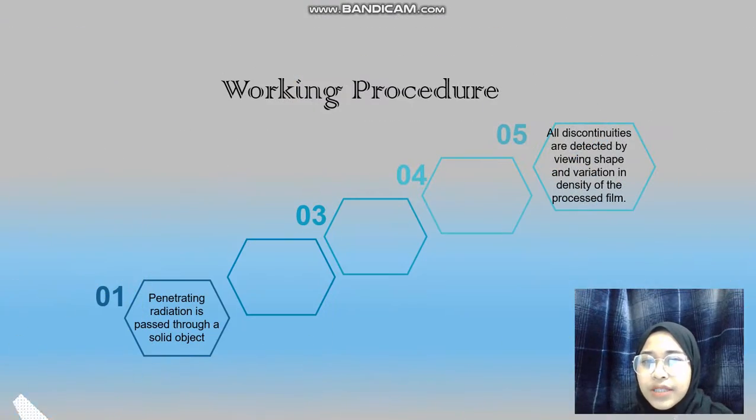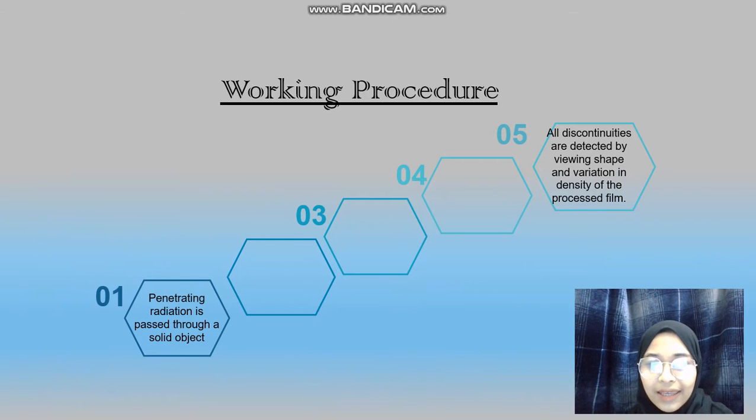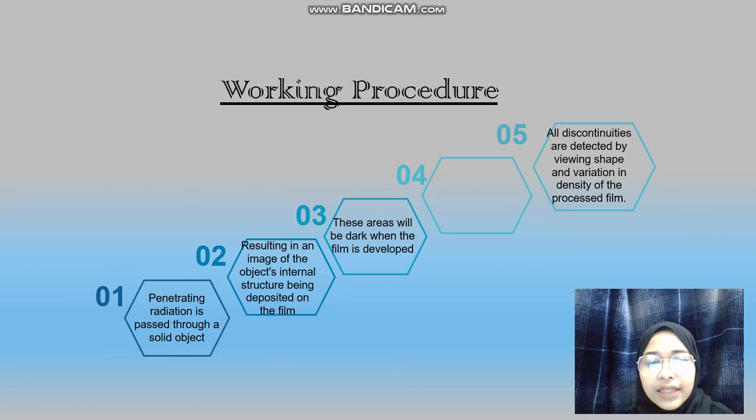The working procedure of RT is that penetrating radiation is passed through a solid object, resulting in an image of the object's internal structure being deposited on the film.